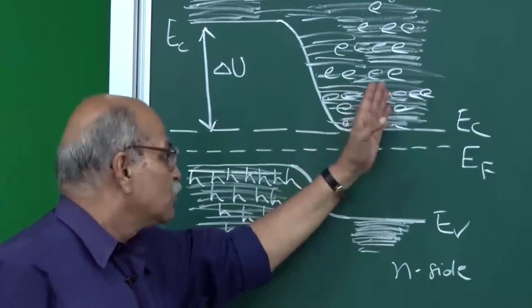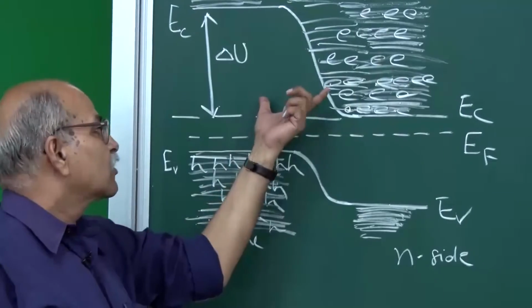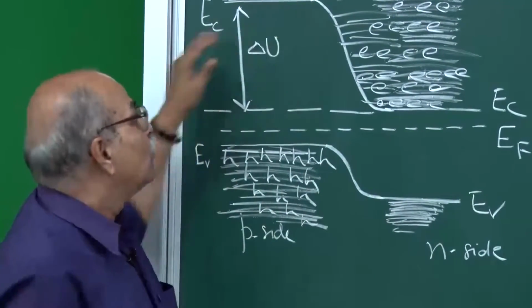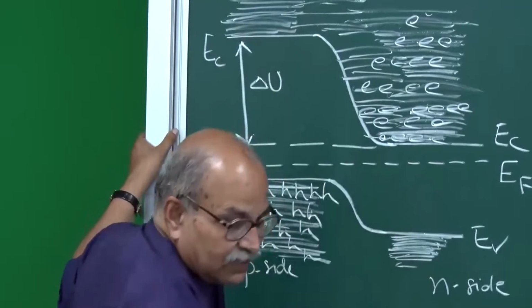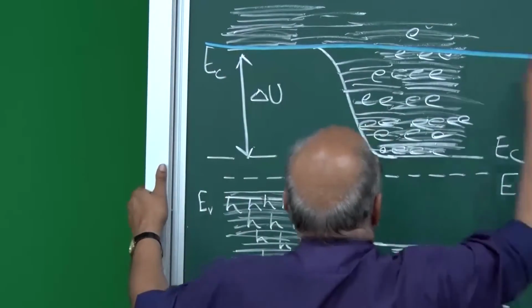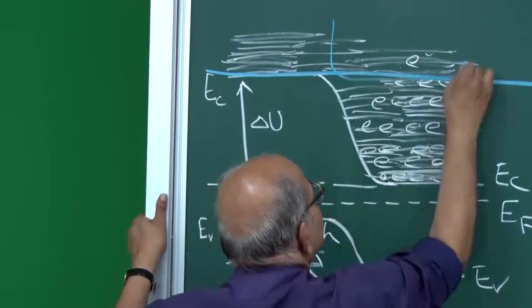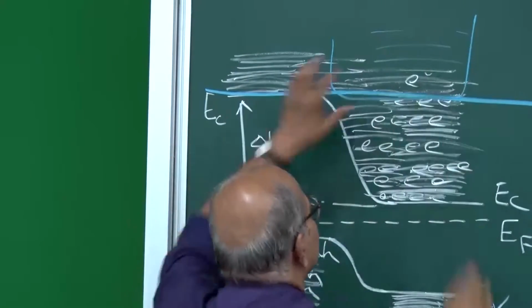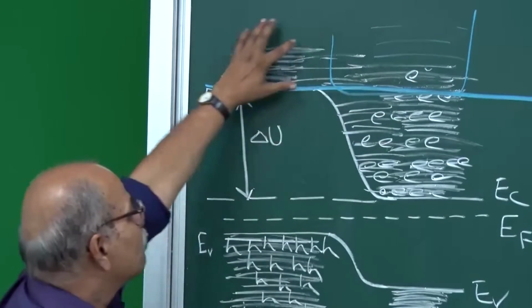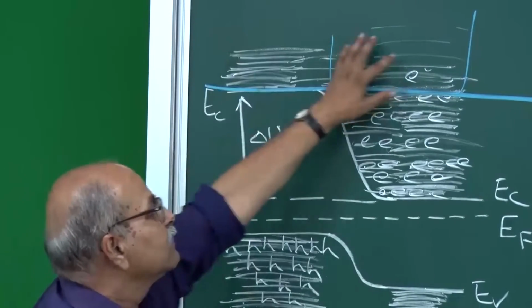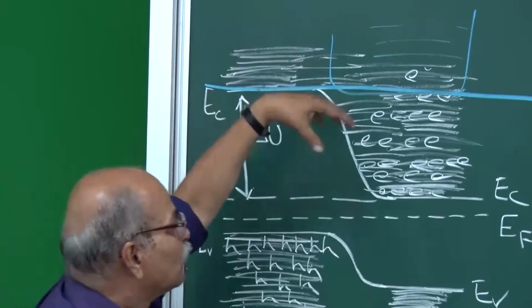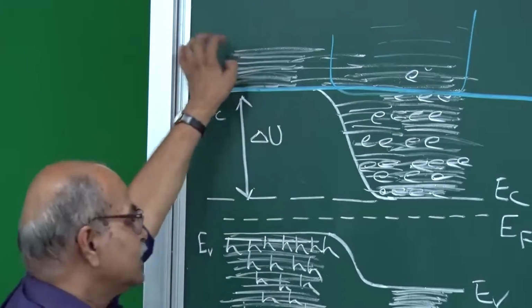If these electrons try to go from the n side to the p side, crossing this depletion region, there are no quantum states here. Only those electrons which are above this level, only these electrons in these quantum states, will be able to reach here. At these energies, you have quantum states on this side, and therefore they can reach here. The more energetic ones can reach here.